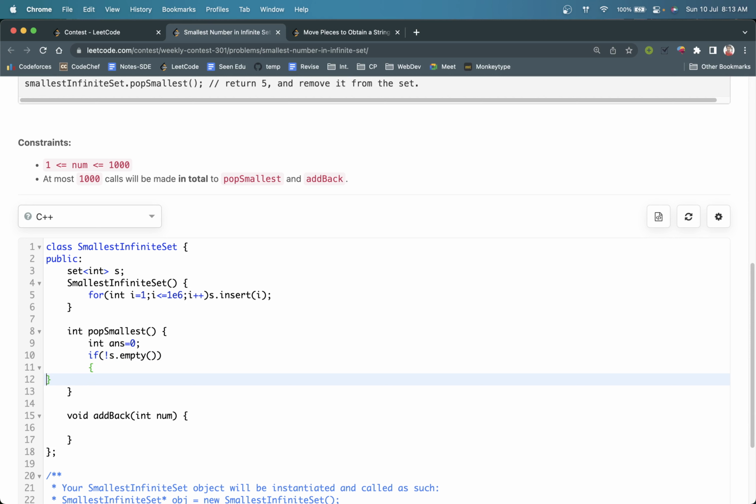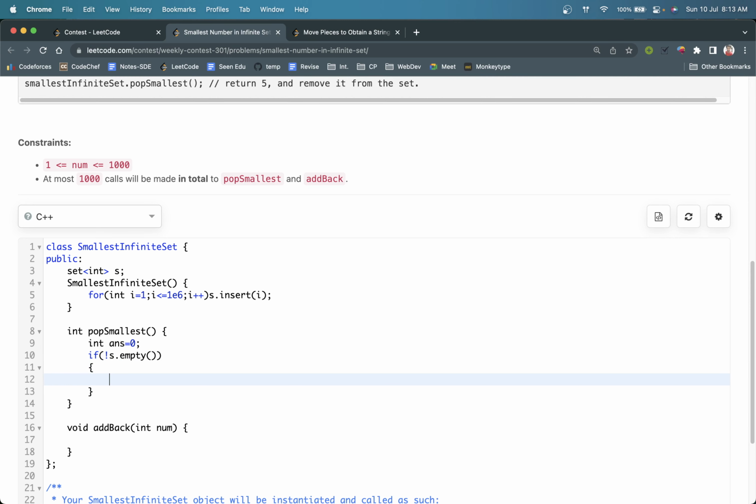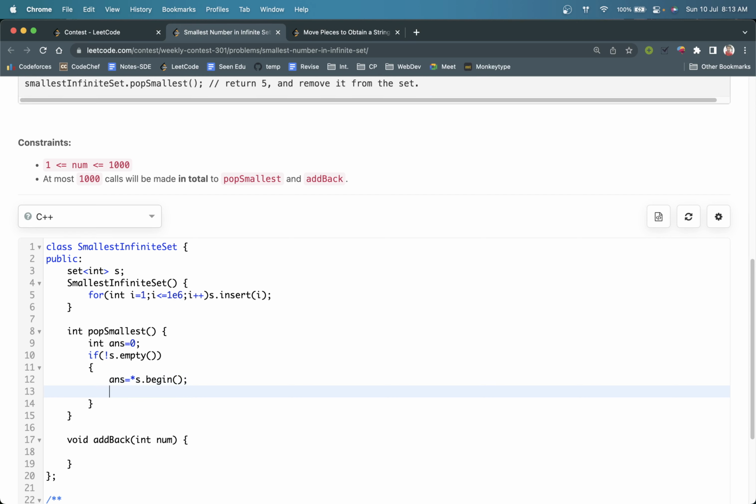If it is not empty, then it will use this and return start. No, sorry, return answer.